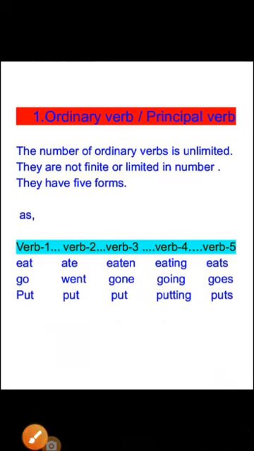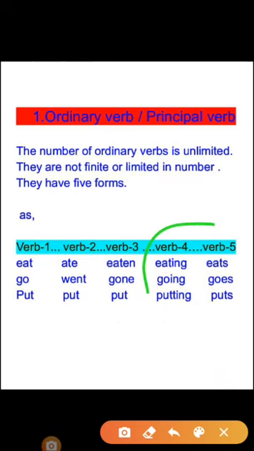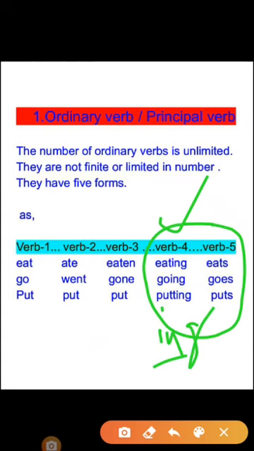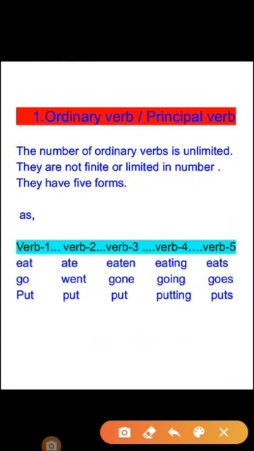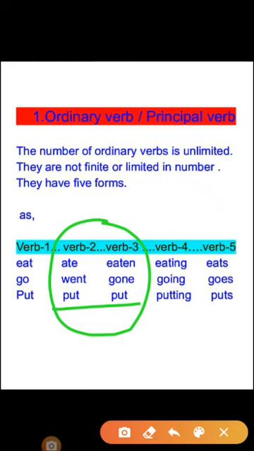This form of verb, whether it is verb 4 or verb 5, you can make yourself. For verb 4 you have to add ing, and for verb 5 you have to add s or es. But for verb 2 and verb 3, anyhow you have to remember or memorize them from any grammar book.